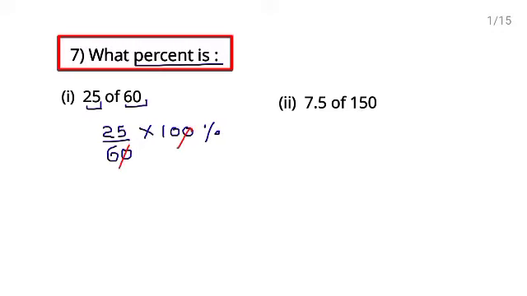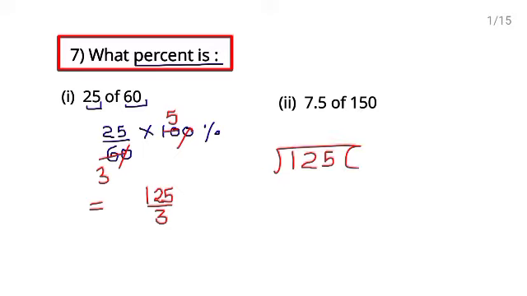0 and 0 cancel out, 2 3s are 6, 2 5s are 10, 25 5s are 125 upon 3. This is an improper fraction. You can also write it as a mixed fraction. How? By dividing 125 by 3. 3 4s are 12, subtract, 0.